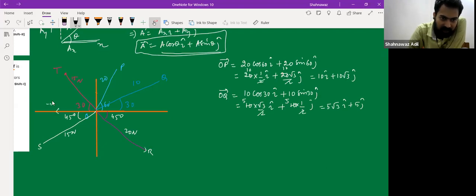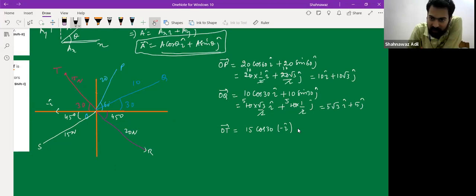So OT would be: magnitude is 15, 15 cos 30 in the minus i hat direction, and then 15 sin 30 j hat, which is in the positive y direction.